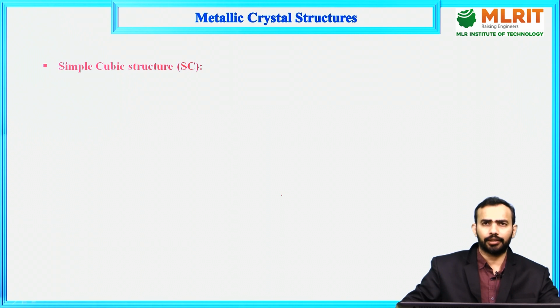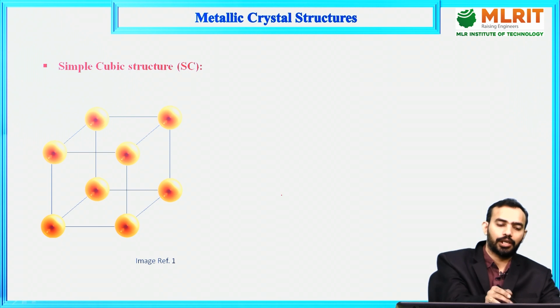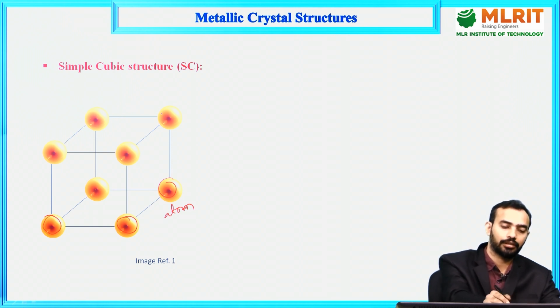If you look at the simple cubic structure and discuss the positions of the atoms, here is the illustration. In this, I have considered a unit cell where each corner of the unit cell is positioned with an atom. This is the atom. There are 8 corners like this: 1, 2, 3, 4, 5, 6, 7, 8.